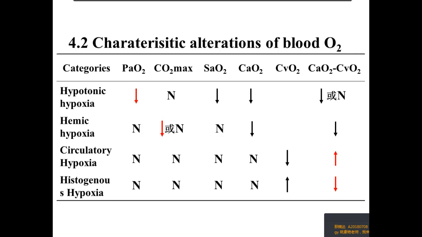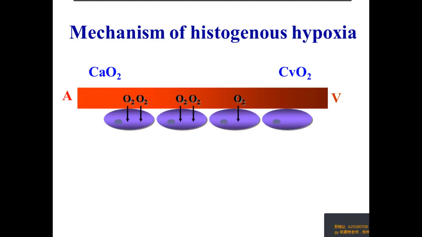Why does the arteriovenous difference of oxygen content decrease? Because oxygen content in arterial blood is normal, but the tissue cells can't utilize oxygen.